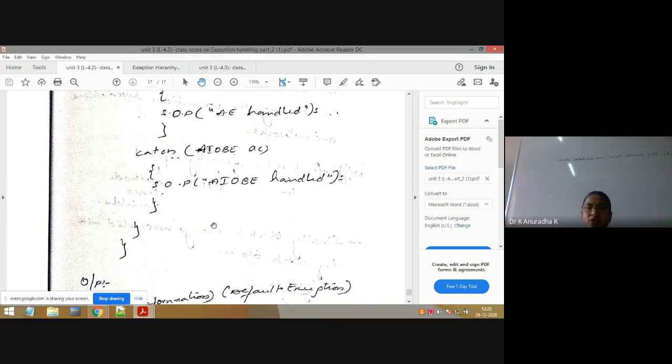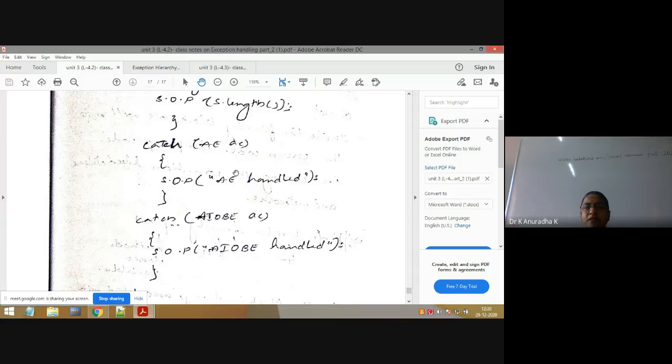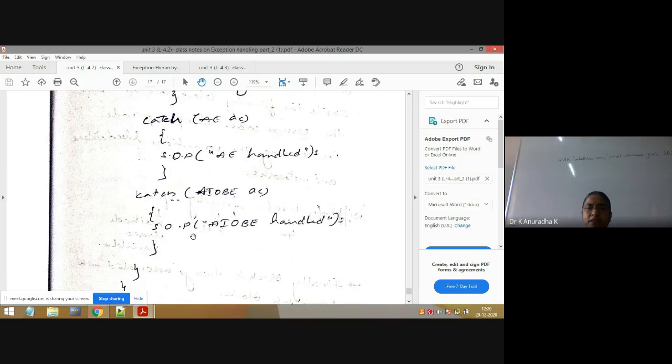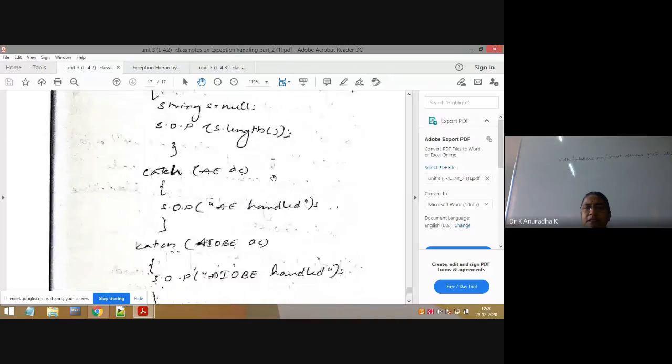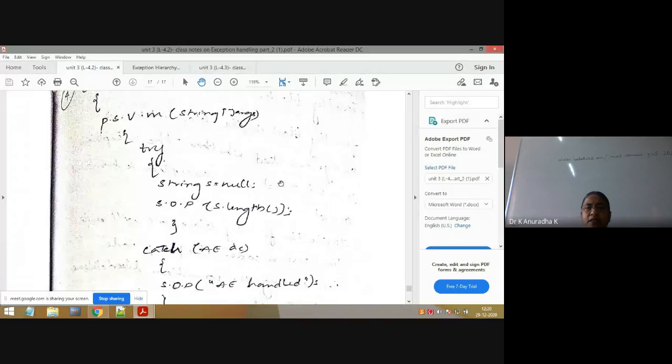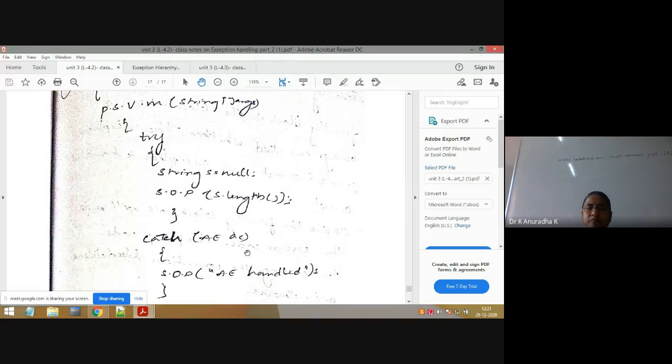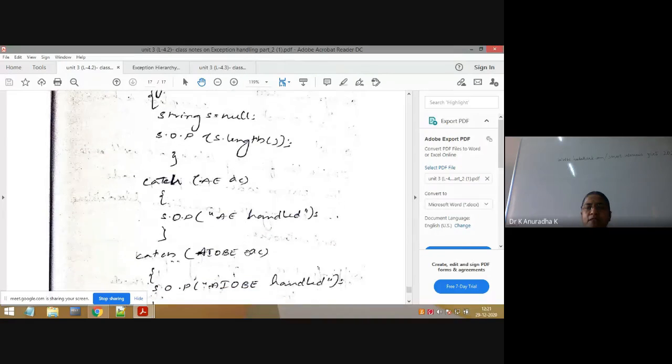So when there is no matching catch block, even if you write more than one catch block, again it is a compiler error. In this case also you will get a compiler error, a NullPointerException error, because there is no matching catch block for this NullPointerException, though we have written multiple catch blocks. What is the use?